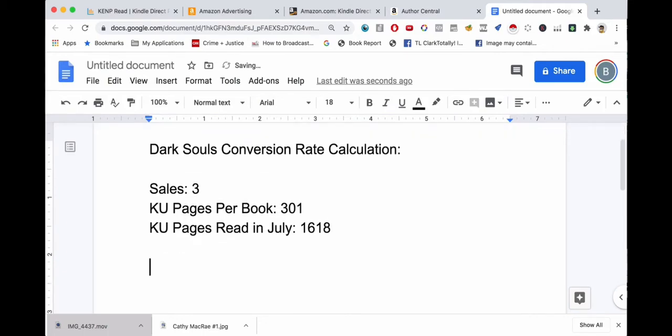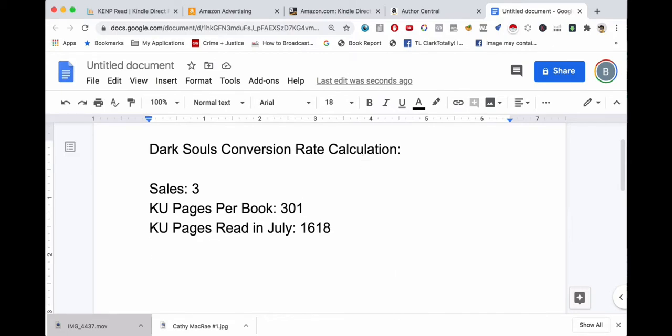Now, conversion rate is only the one book that you're advertising. It does not include reads of later books in the series. So we take this number of how many pages we got read and divide it by that number of the 301.